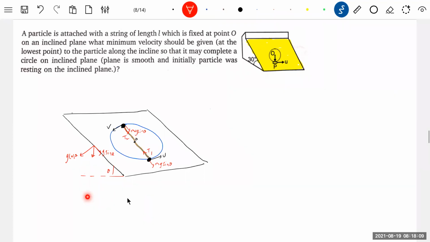T2 plus mg sin theta equal to mv square by L, where L is the length of the string. Then if tension is 0, then v will become minimum.